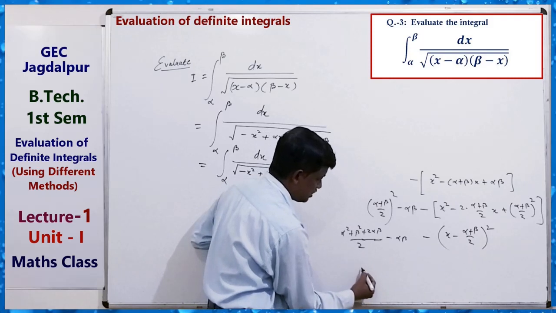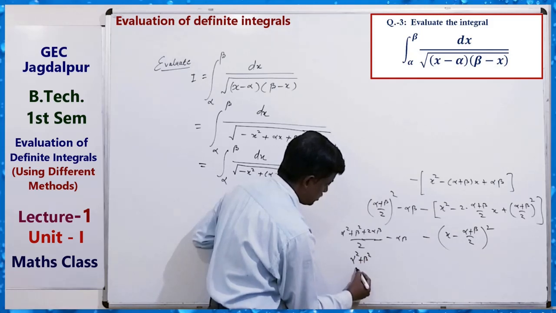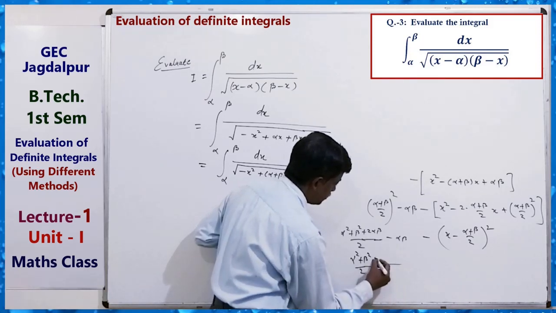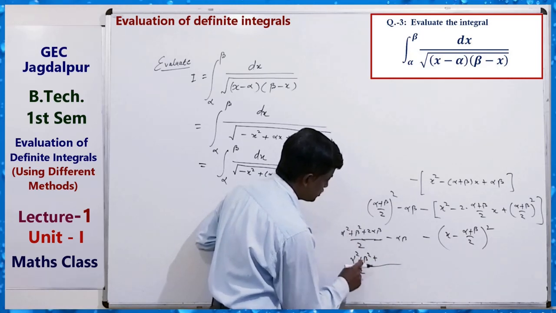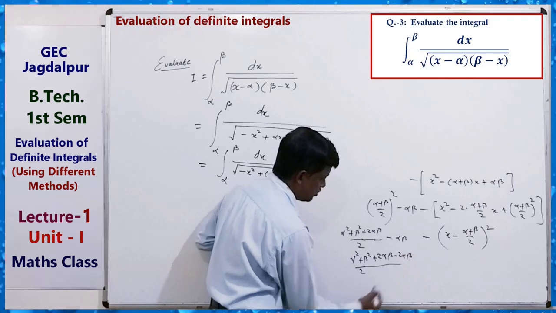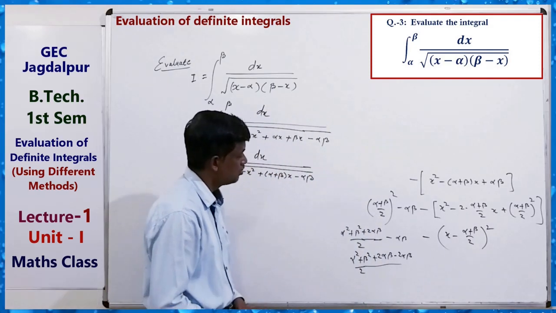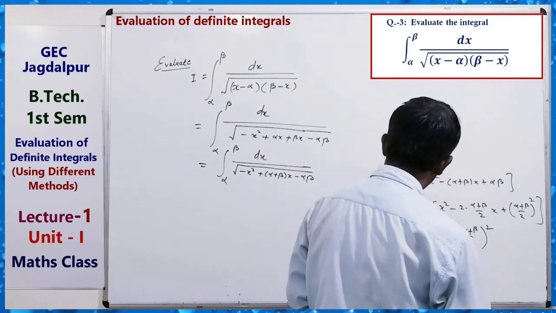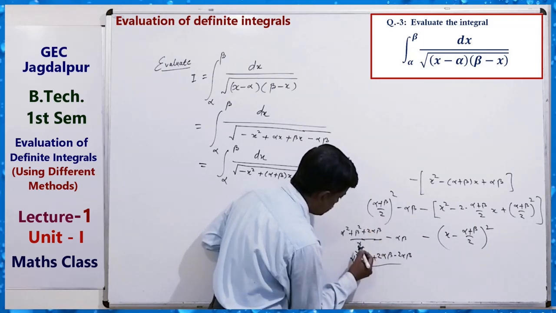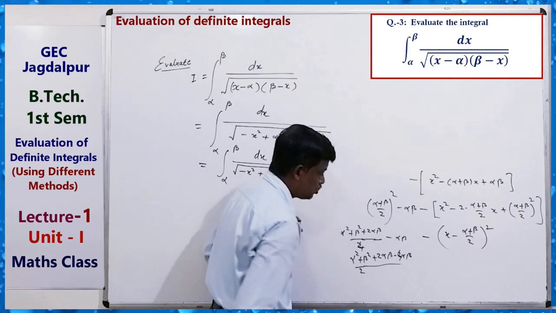Taking LCM, we get alpha square plus beta square by 2, and then alpha square plus beta square plus 2 alpha beta minus 4 alpha beta over 4.